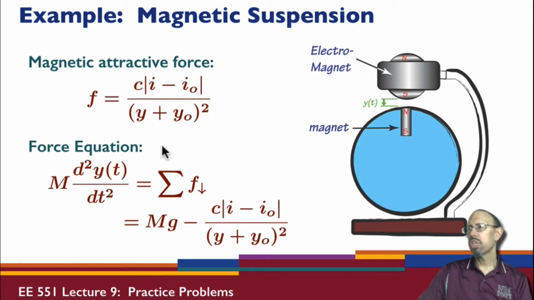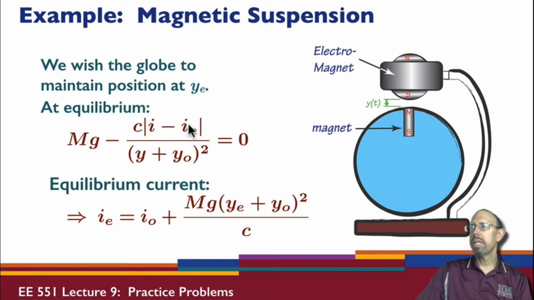If we write a force equation for this system, the mass of the globe times the vertical acceleration is equal to the sum of the forces in the downward direction: mg, the gravity force, minus the upward force, which is this force. And so we have an equation that describes the magnetic suspension system.